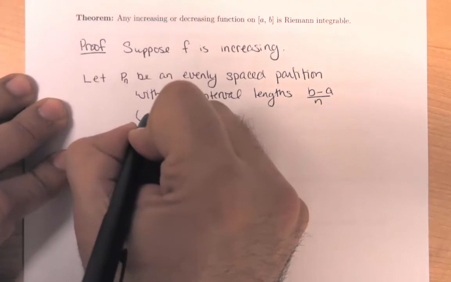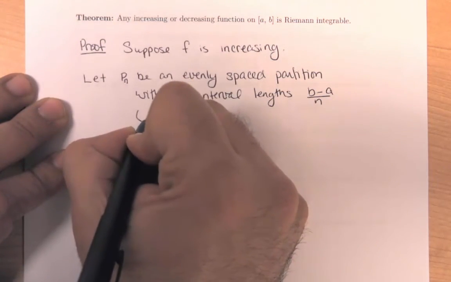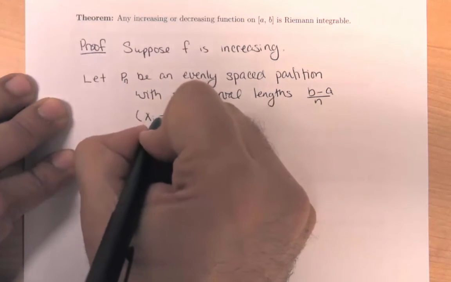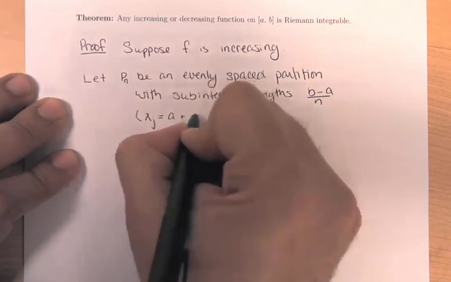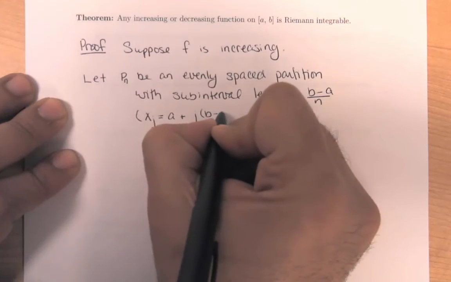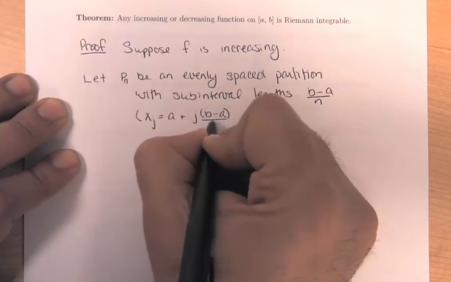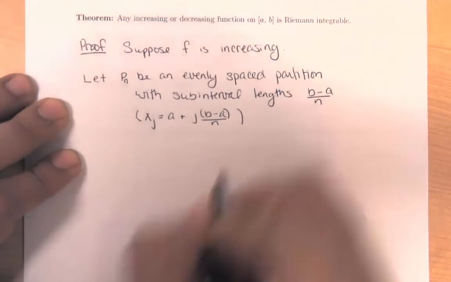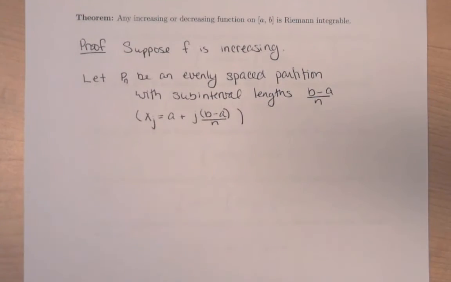By the way, each entry of Pn would be a plus j times b minus a over n, as j goes from 0 to n, in case you were wondering. By the way, that might be useful in your homework.